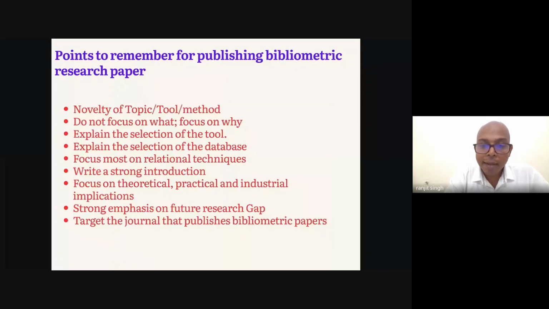In the practical implication, explain how this bibliometric analysis helps practitioners or policy formulation. That is necessary because we are writing the article for contribution, and the contribution will be shown through these theoretical and practical implications.